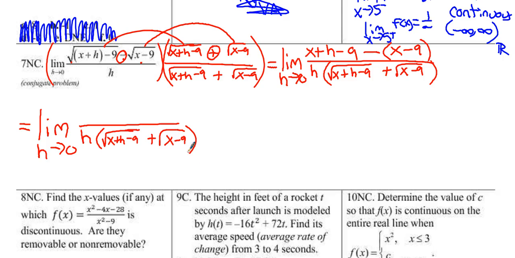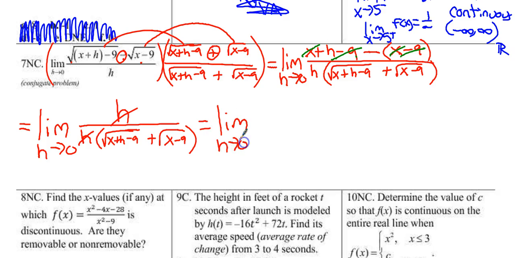The numerator: I have x minus x, that's gone. Negative 9 minus negative 9 is negative 9 plus 9. Those are gone. The only thing left on top is an h. Well, that's nice, because now I have an h and an h that divide out. Once we removed our discontinuity, we now can evaluate this limit.